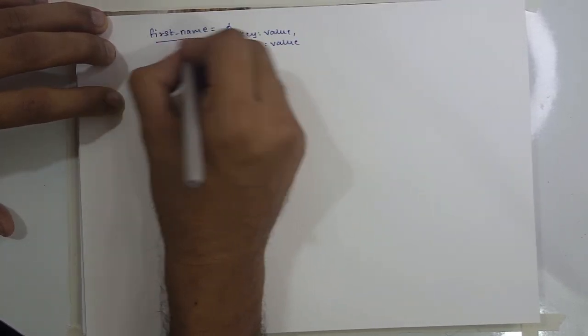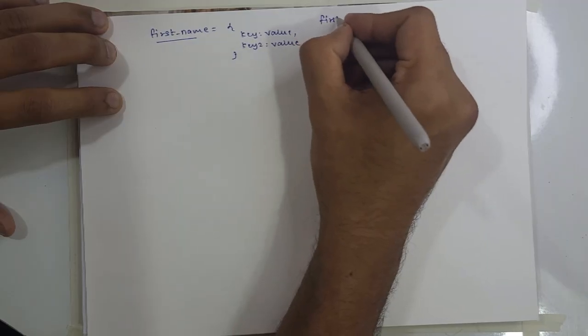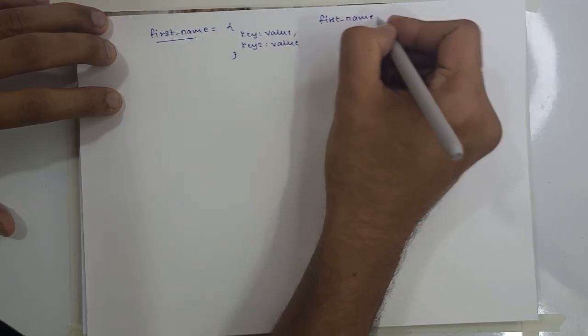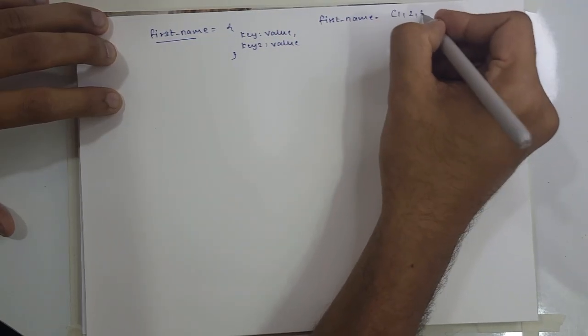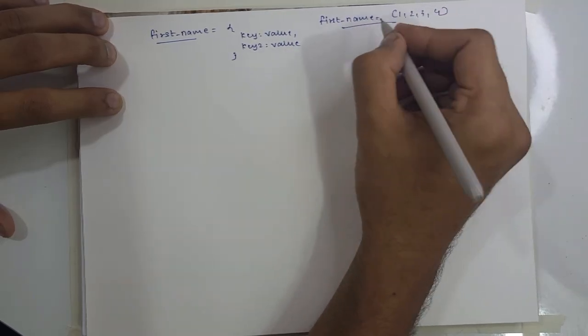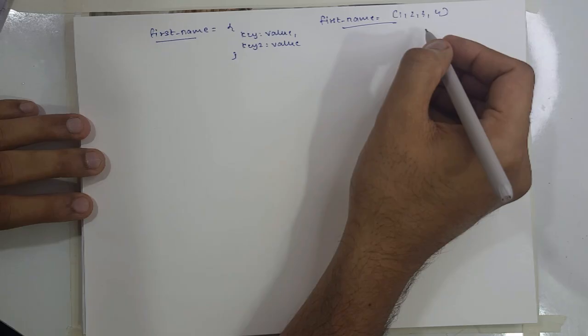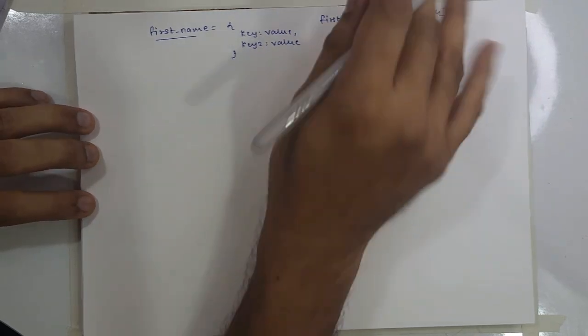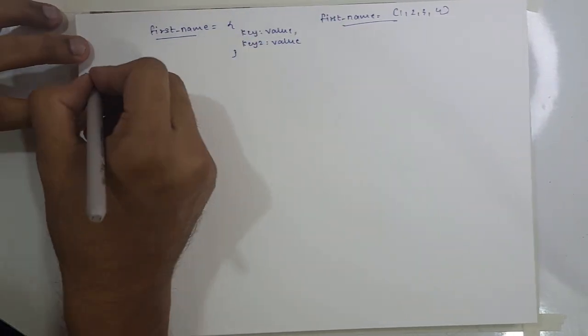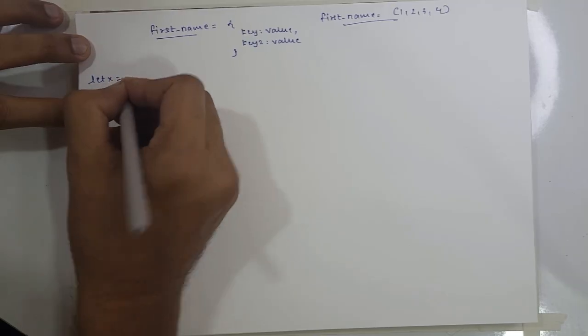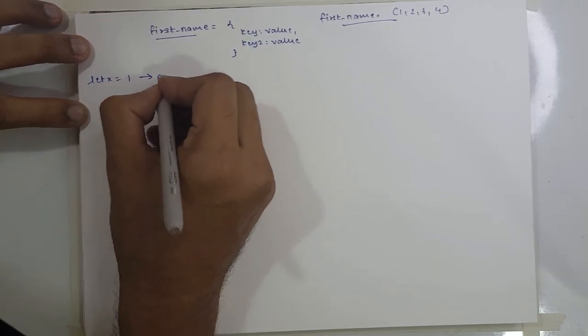Or what if this first_name is an array as 1, 2, 3, 4? These things we generally call objects. Anything which is not primitive. If I'm saying let x is equal to 1, this is a primitive data type.